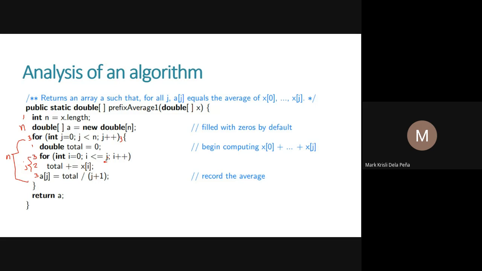That would mean it would be n squared, right? So you just had to add these. So 3, 3, 1, 3, 1, 3, 2, 3, that should have 12, I think. 12 n squared.